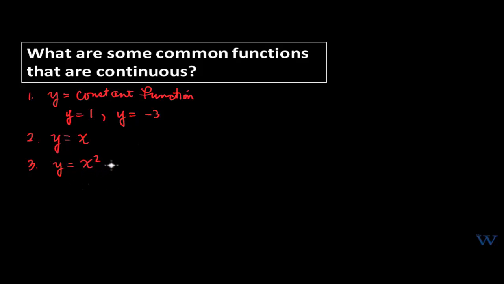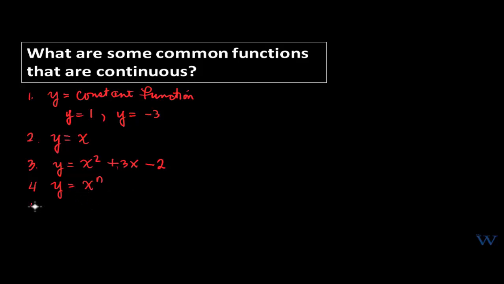So let me say we have x squared plus 3x minus 2. Remember, that's a quadratic function, and in college algebra we learned how to plot its vertex, so these are continuous functions. In general, any y equal to x to the n, and a combination of any of these.